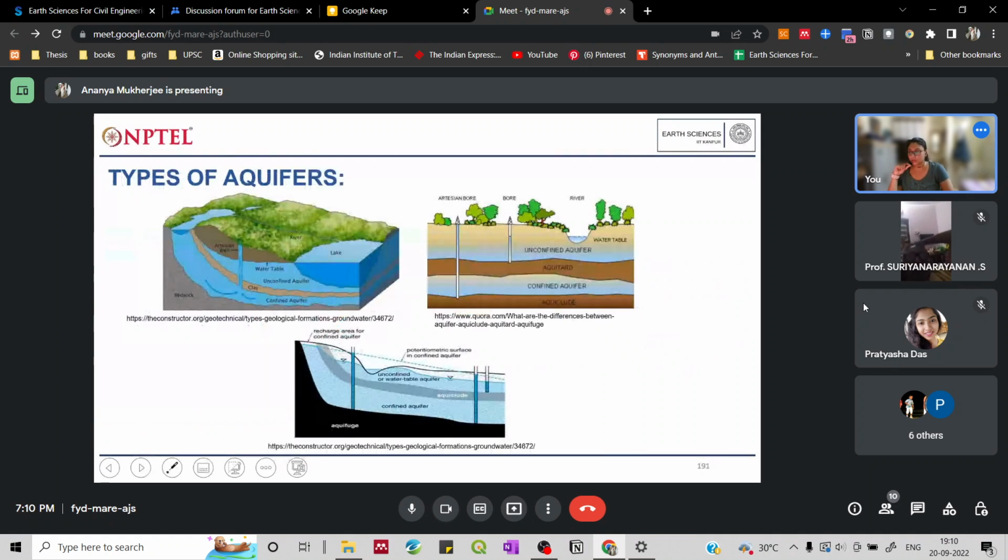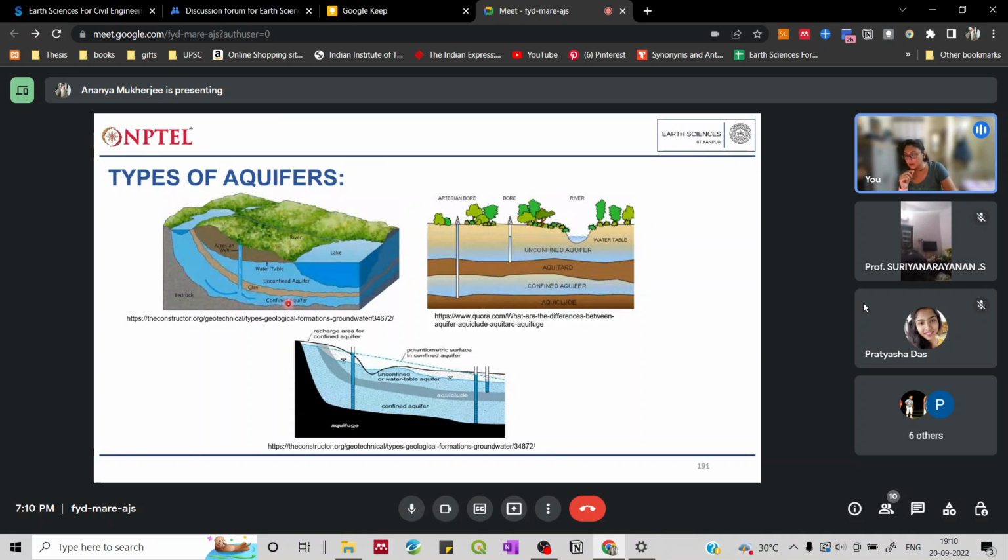Okay, so over here, as we can see, there are different types of aquifers. An aquifer is any geological formation that can hold the groundwater. Over here you can see that this is the water table. Unconfined aquifer means there is no top layer preventing this aquifer from interacting with the water table and the material on top of the water table.